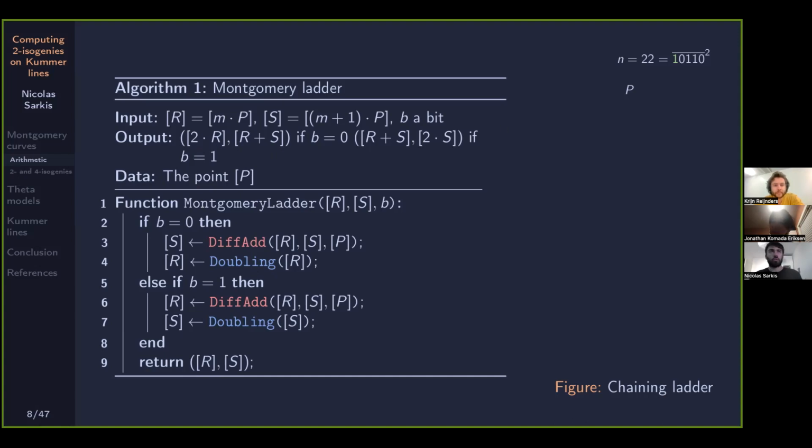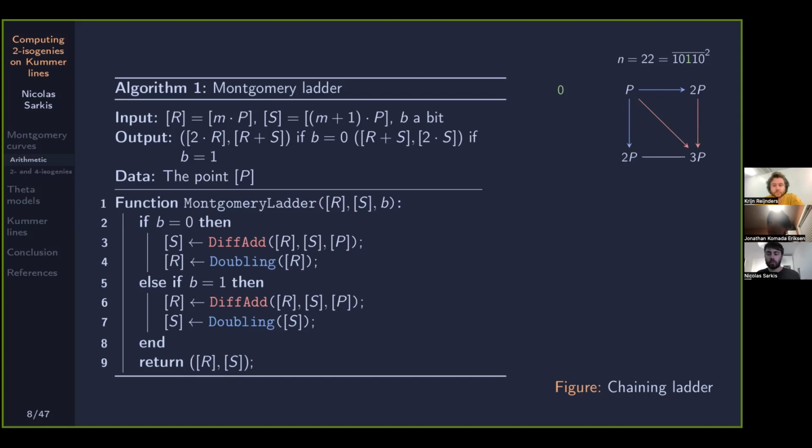If you want to compute 22 times P, you start with the point P. First you do a doubling to get 2P. And then you look at the bits of n. The first bit you will read is 0. So 0 on the Montgomery ladder means you do a differential addition and a doubling on the left point. So from P and 2P, you get 2P and 3P.